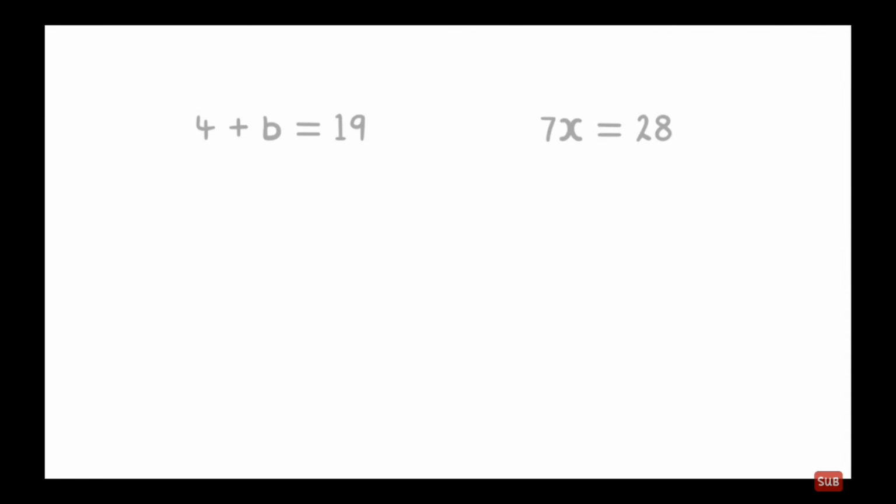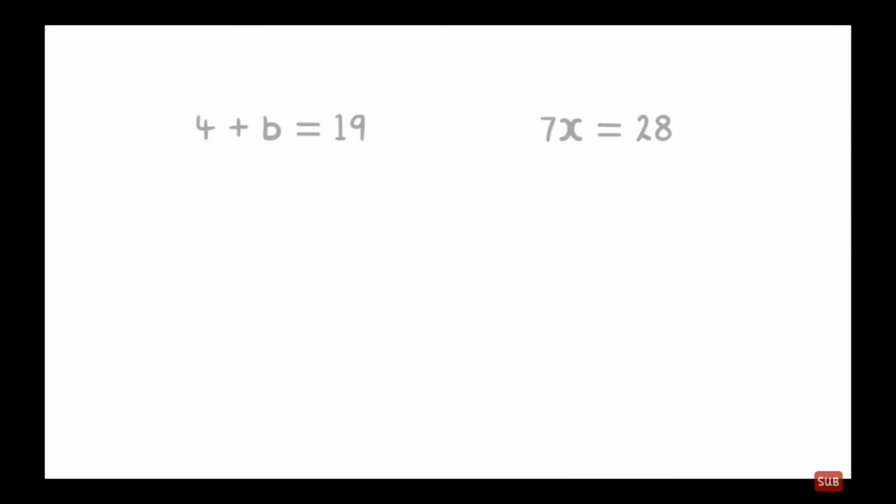Let's try 2 more quick ones. This first one, 4 plus b equals 19, is a bit different to the other ones we've seen so far, because there's no sign in front of the 4, so it's not really being added or subtracted.